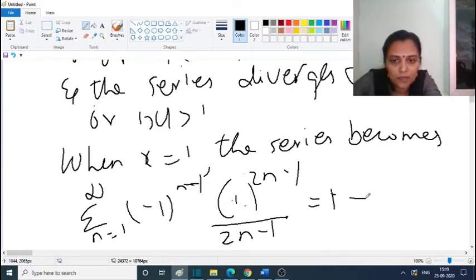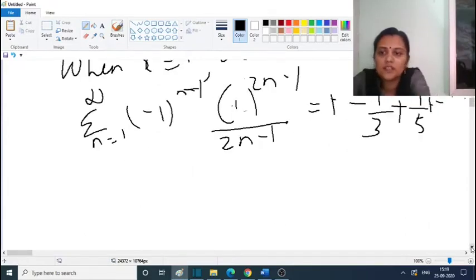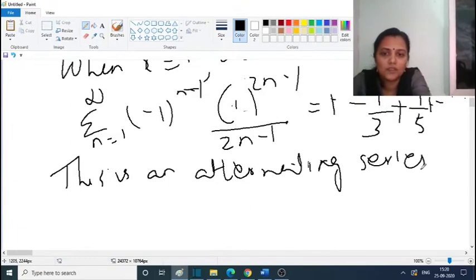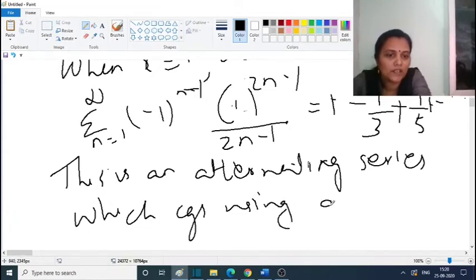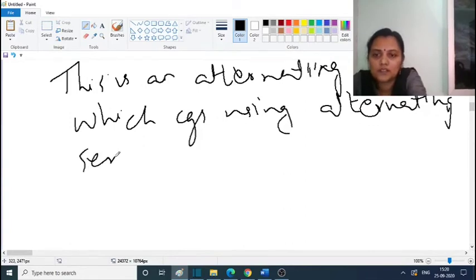When n equals 2, the term is minus 1 raised to 2 minus 1, so it becomes negative, and 1 by 2 into 2 minus 1, which is 3. The next term is 1 by 5, plus, etc. So this is an alternating series which converges using the alternating series test.